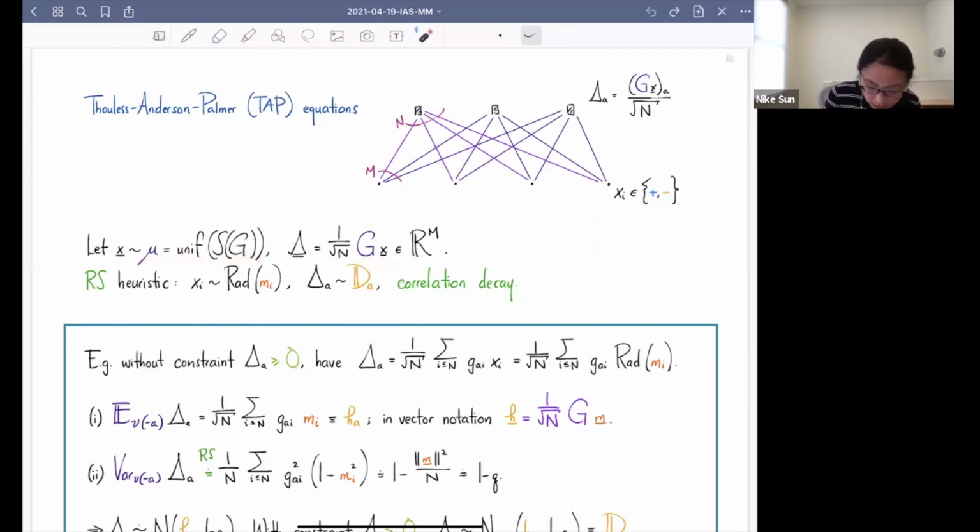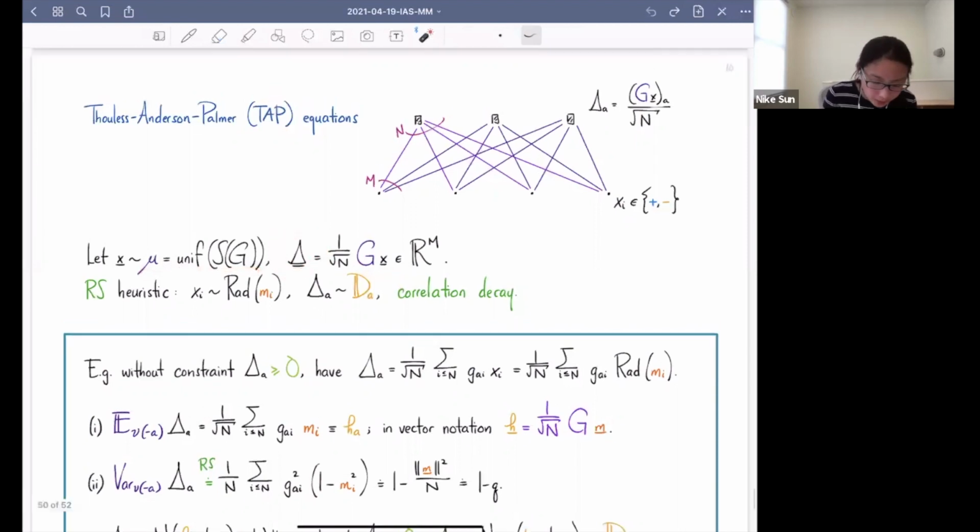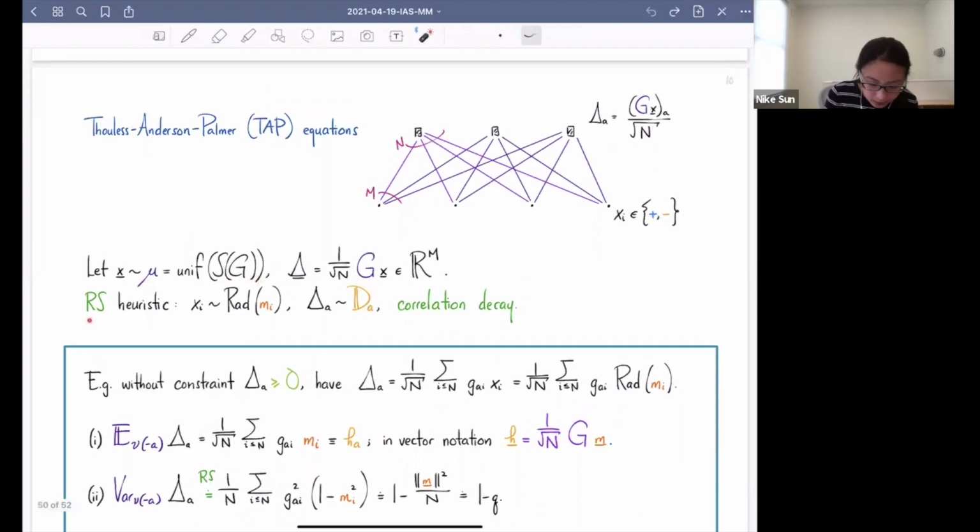The constraint is that delta is supposed to be non-negative. That's a constraint of the model. The replica symmetric heuristic is that these random variables are supposed to have correlation decay. Each x_i individually is a plus minus random variable, a Rademacher random variable.